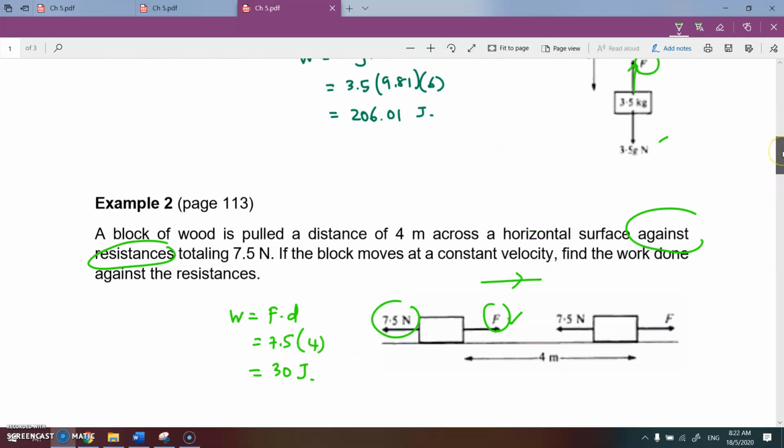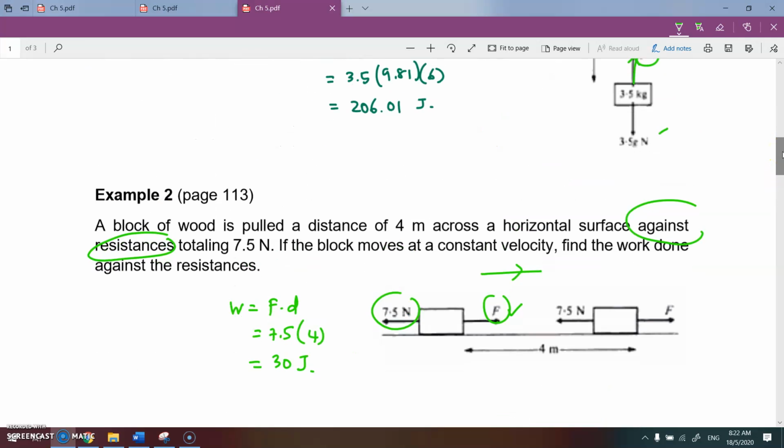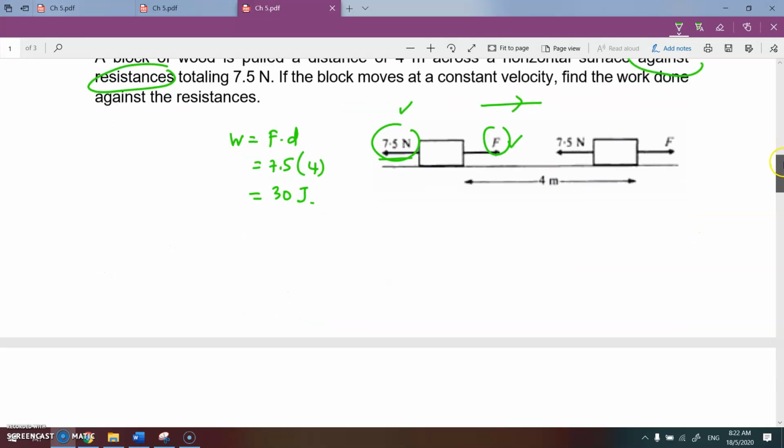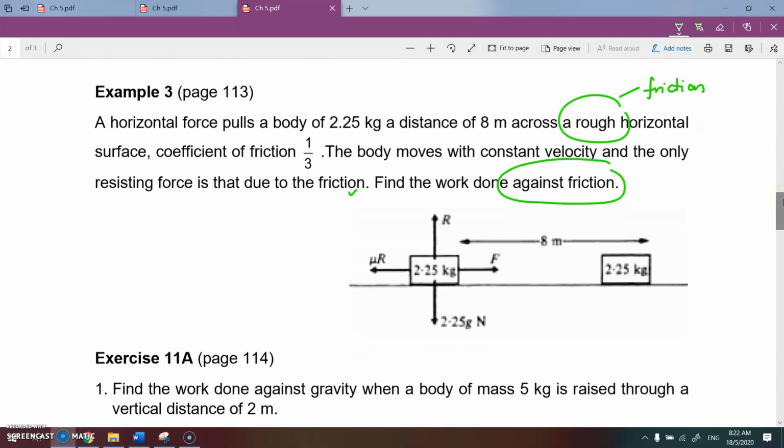What is the difference? Against resistance will straight away give you the force, 7.5, directly. For friction, it is the same, sometimes it gives the friction directly, and we still consider the force in the opposite direction to the movement. But maybe it asks you to calculate the friction first.